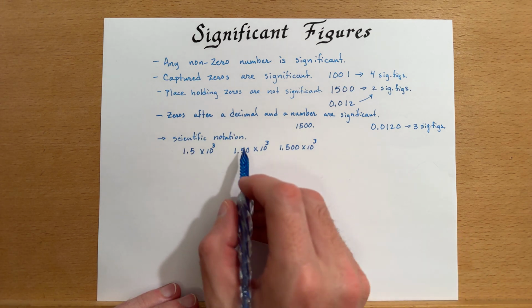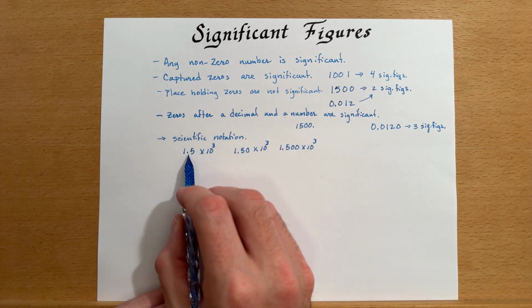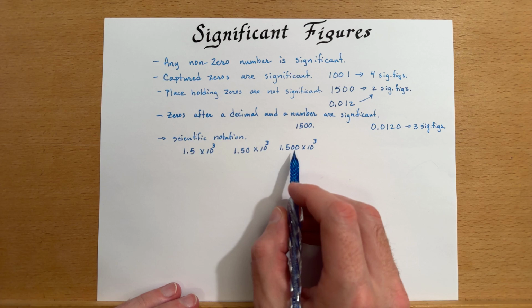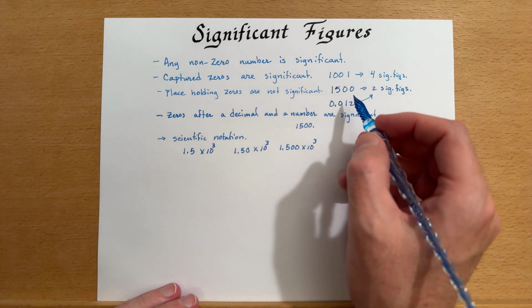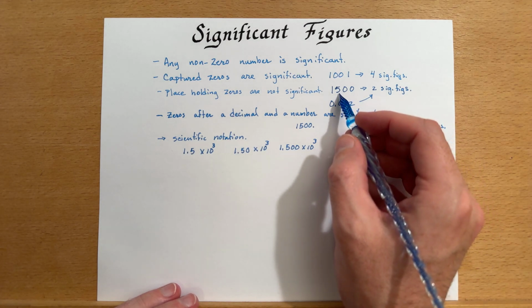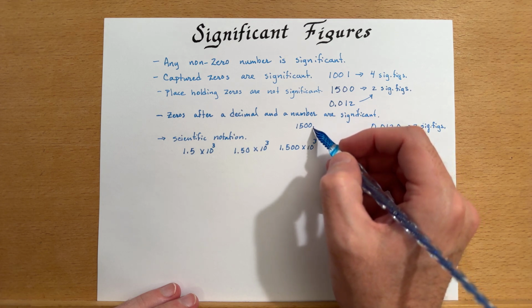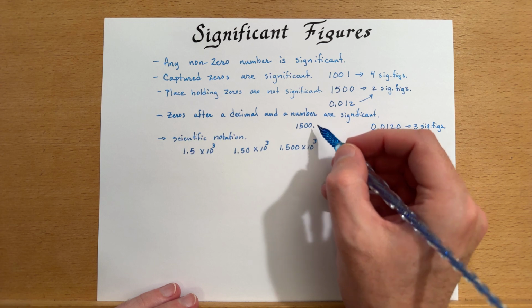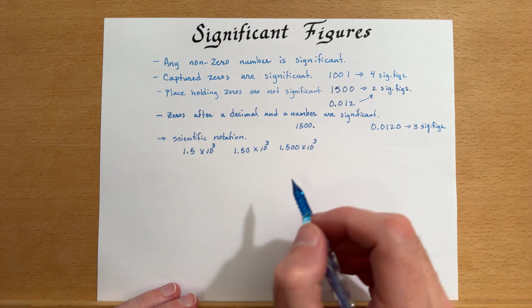And this allows us to actually specify 2, 3, or 4 significant figures, whereas before we were limited to only saying 2 or maybe 4 in our sloppy way of indicating using a decimal here.